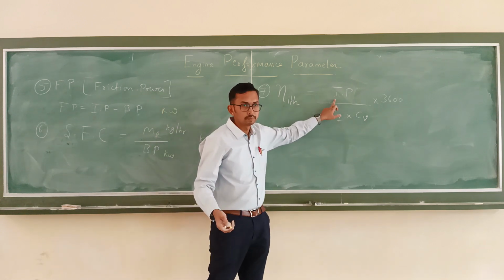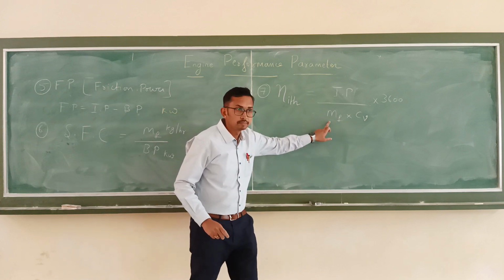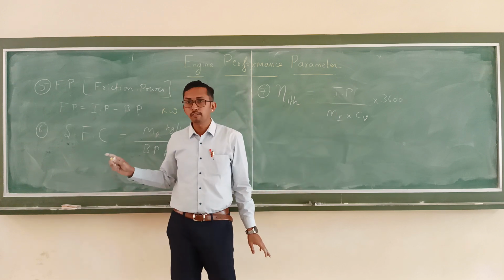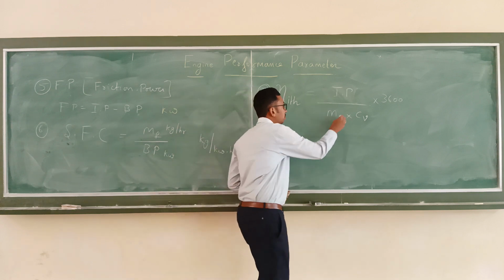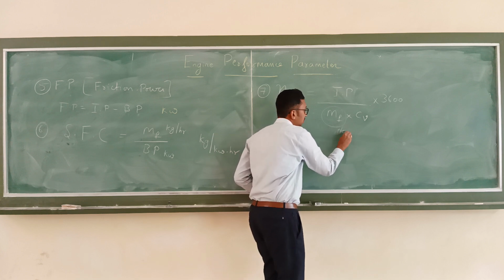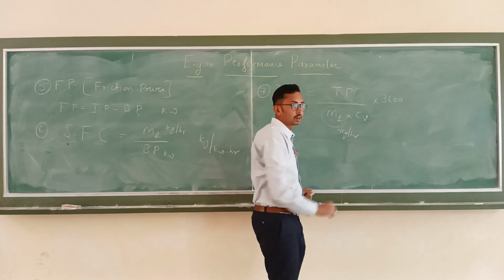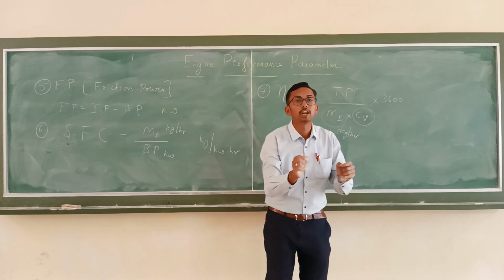So what is IP? Indicated power in kilowatts. What is MF? Mass of fuel, kg per hour. This is the mass of fuel consumed, kg per hour. Correct. Next, what is CV? CV represents calorific value.